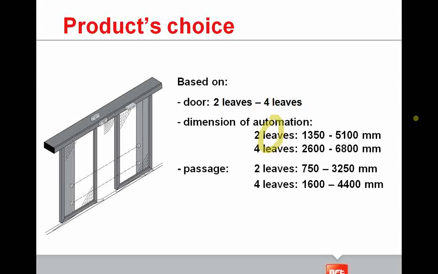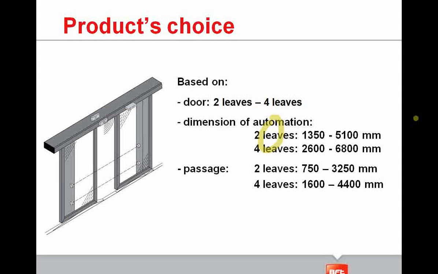For the 4 leaves, the automation dimension is from 2 meters 60 to 6 meters 80. And the useful passage for the 2 leaves is from 75 centimeters to 3 meters 25. For the 4 leaves, it is from 1.60 to 4 meters 40.